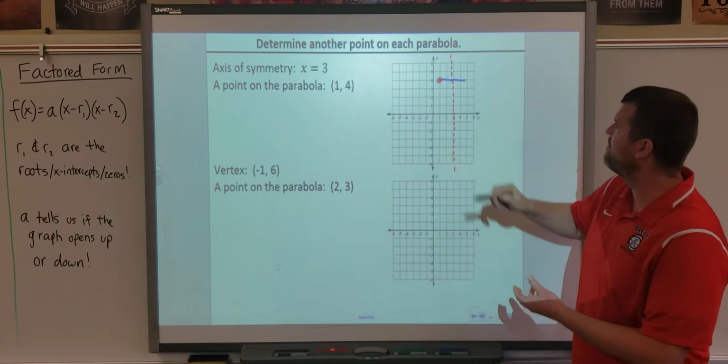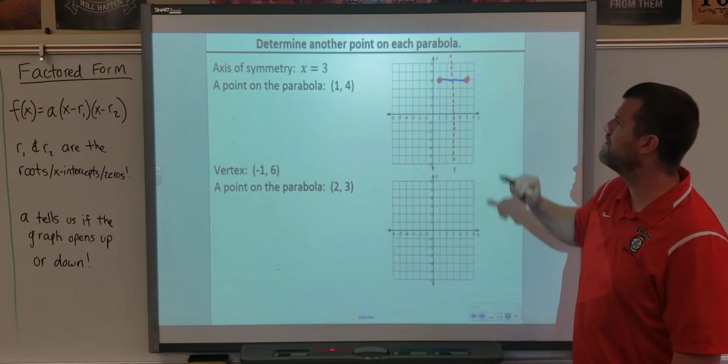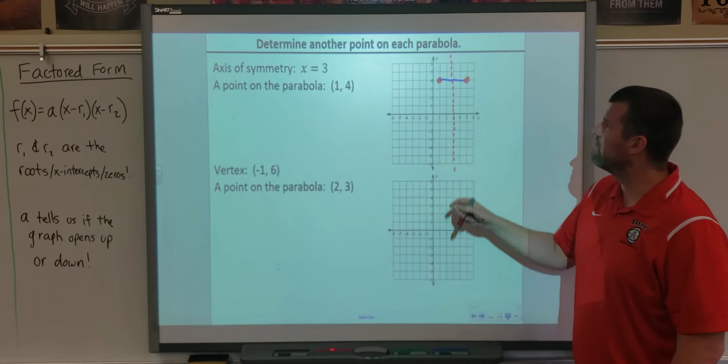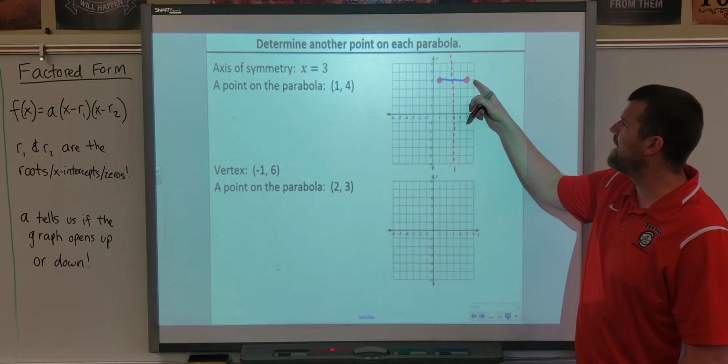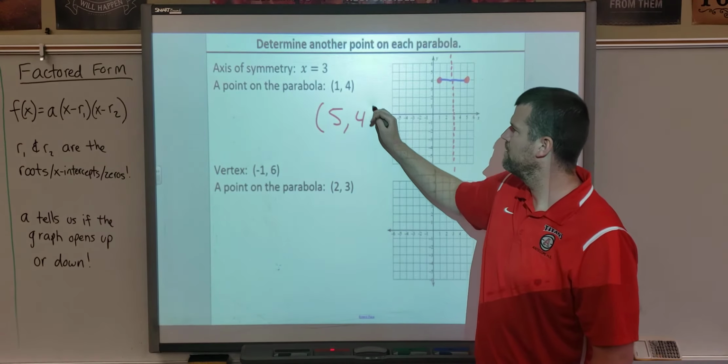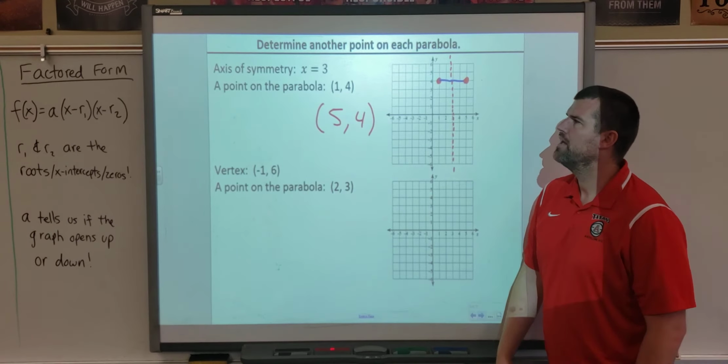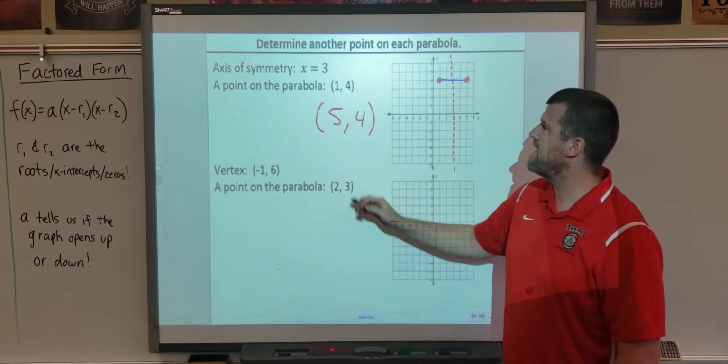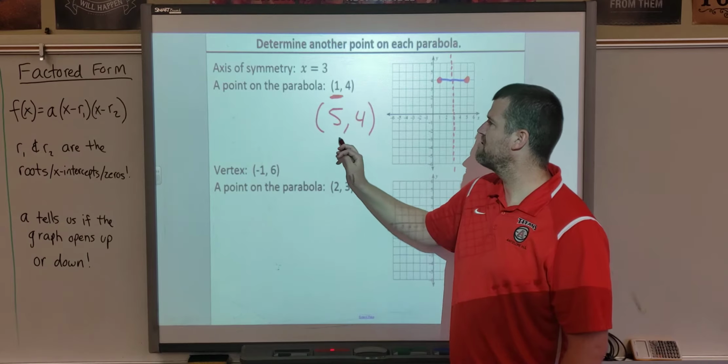So we would have to have a point right there. That way it's symmetric. So if we have a point at (1, 4), we have to also have a point at (5, 4).